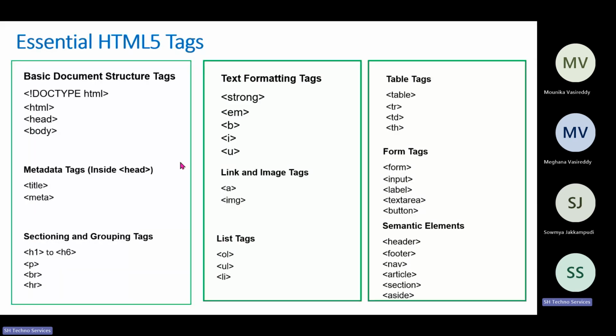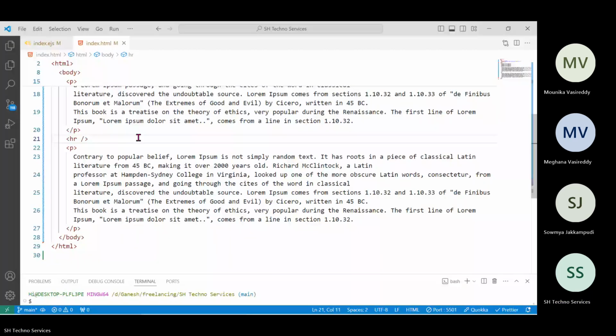Next are called text formatting tags. These tags help with formatting our text. So first we will see the strong tag. Suppose inside this P tag, I am wrapping all the content inside the strong tag.